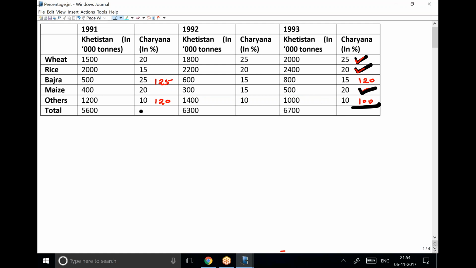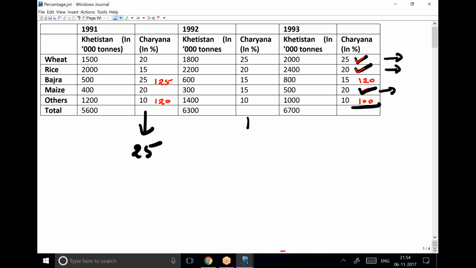So ultimately, if I'm not considering wheat, rice, and maize, then immediately we can say this particular portion is 25 greater, right?